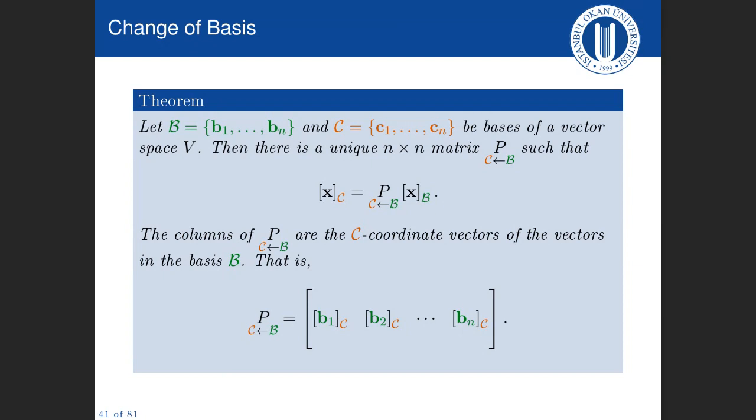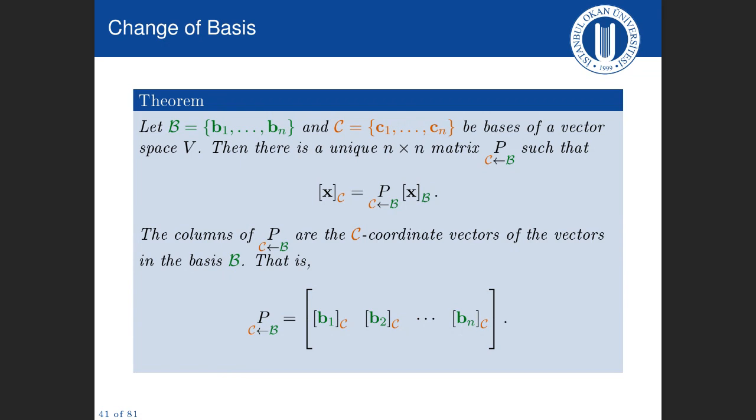The theorem says then there is a unique n by n matrix, which is called P, and then underneath P, C arrow from B, such that the coordinates for x relative to C is this matrix P multiplied by the coordinates for x relative to B.